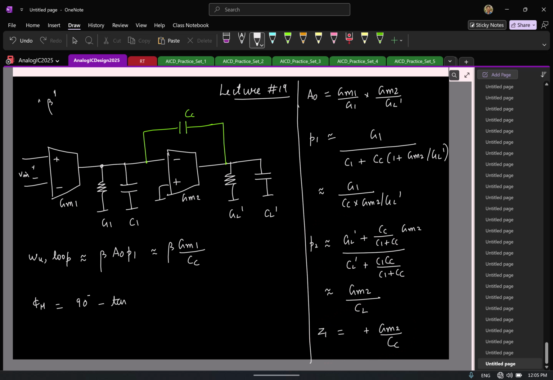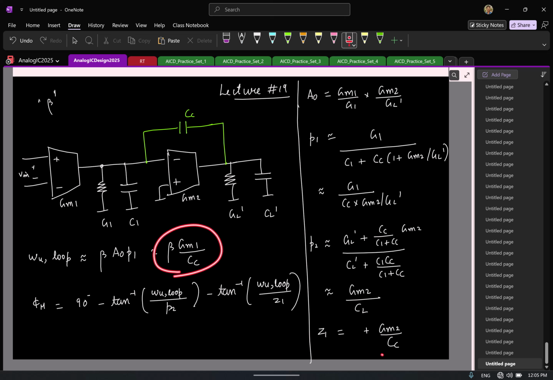So this is minus tan inverse of omega u by the second pole, minus tan inverse of the unity loop gain frequency by the zero. Here, I can simplify this. The ratio of omega u by Z1 is simply beta times Gm1 by Gm2.